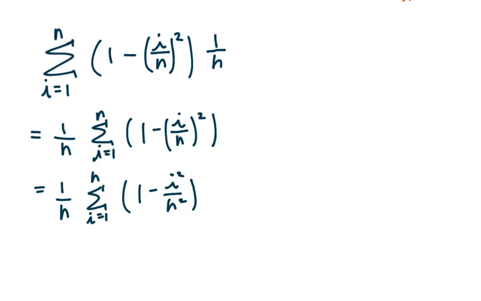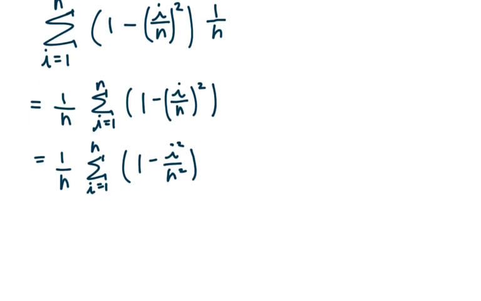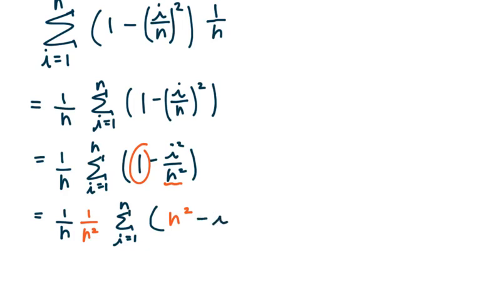Now, I don't like that denominator being in there, and with some creative algebra, I can factor out 1 over n squared. I can take this guy and factor it out. So that's 1 over n squared. That goes in front of my sum. I have i equals 1 to n. So if I factor 1 over n squared out of this 1 value here, that leaves me with n squared minus i squared.